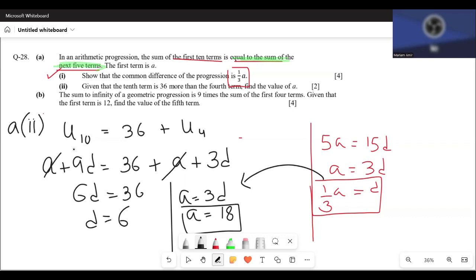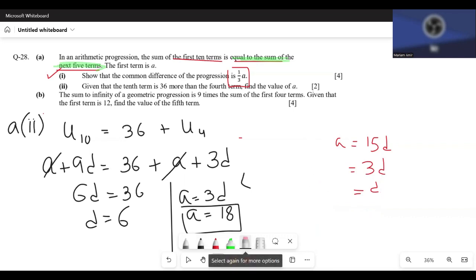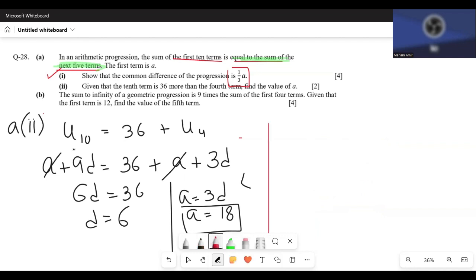Okay. Part B: the sum to infinity of a geometric progression is 9 times the sum of the first 4 terms. So S infinity is equal to 9 times the sum of the first 4 terms. Given that the first term is 12, so a is 12, find the value of the fifth term.